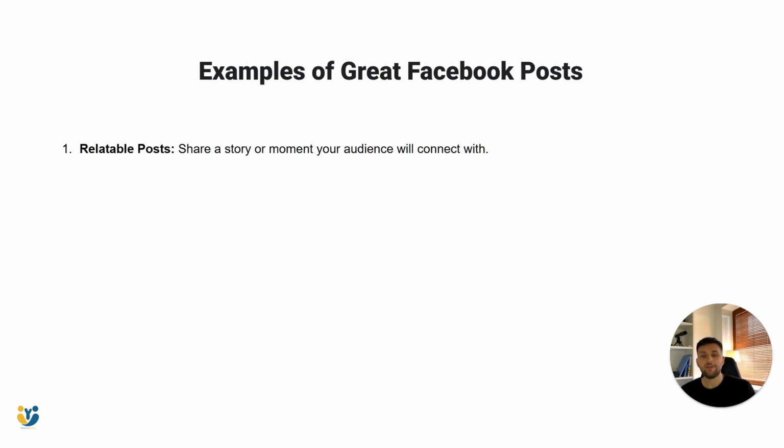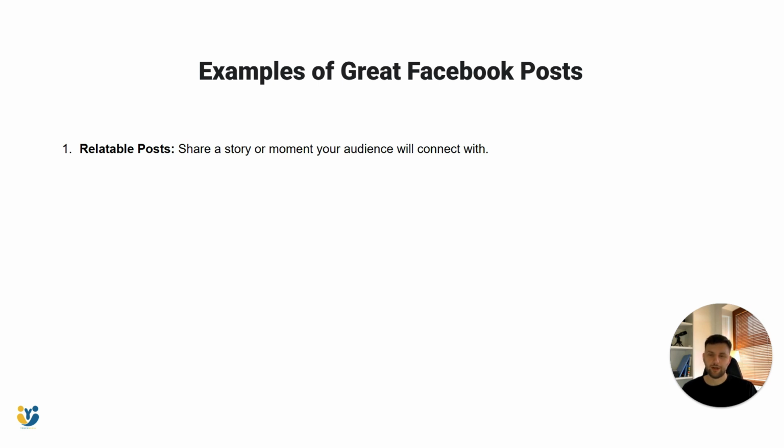So, examples of great Facebook posts. Now, I'm not going to go over the internet showing you specific posts, but I'm going to give you basic guidelines, right? Because I feel like that's the best thing. And then, based on my information, put your own spin on it. Be original, don't be like everybody else. So, first thing, relatable posts.